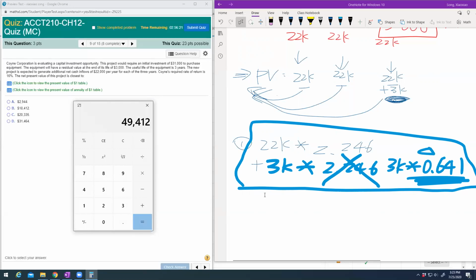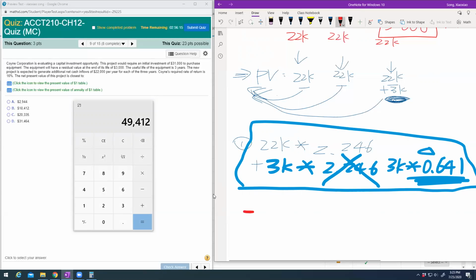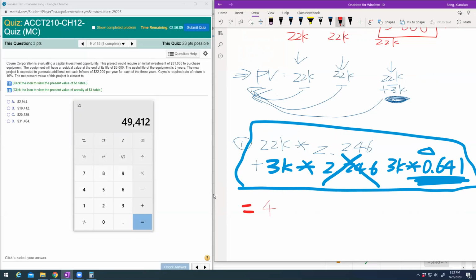I just use the calculator for the number. That gives me 49,412, plus 3,000 times 0.641.